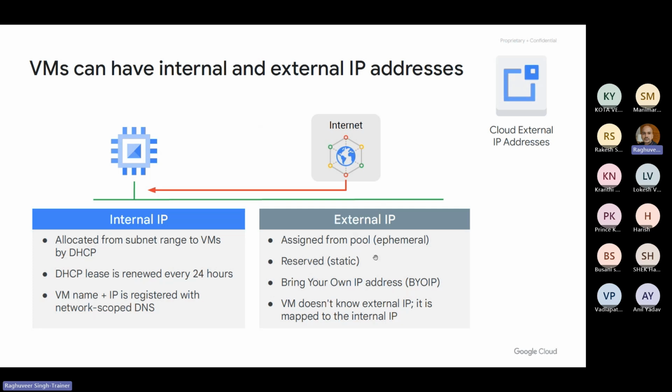This external IP comes from a pool, Google public IP pool. So Google has a pool allocated or reserved for each region, not for a customer, for a region. From that regional pool, you will be granted public IPs, and they are ephemeral. Ephemeral basically means that they are not permanent. You can get public IPs, you can release them also. However, you can also get static public IPs.